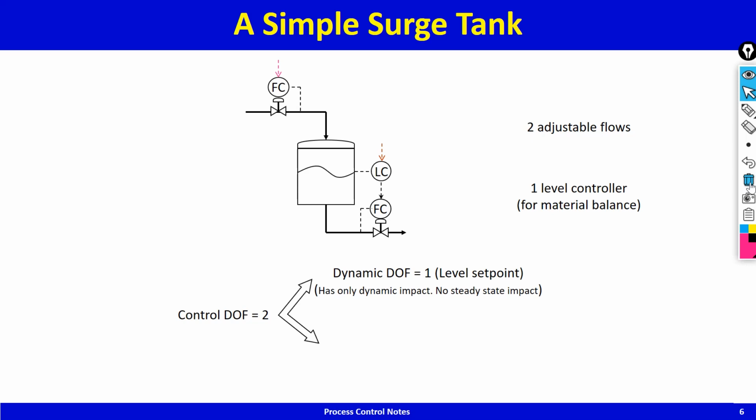It has only a dynamic impact, no steady state impact. And the flow in set point has a steady state impact as well as a dynamic impact. So we say that the control degrees of freedom of the process is 2, steady state operation degree of freedom is 1, dynamic degree of freedom is 1. So the two control degrees of freedom are split into 2. Dynamic degree of freedom 1, which is the level set point, and steady state degree of freedom 1, which is the flow in. Okay.